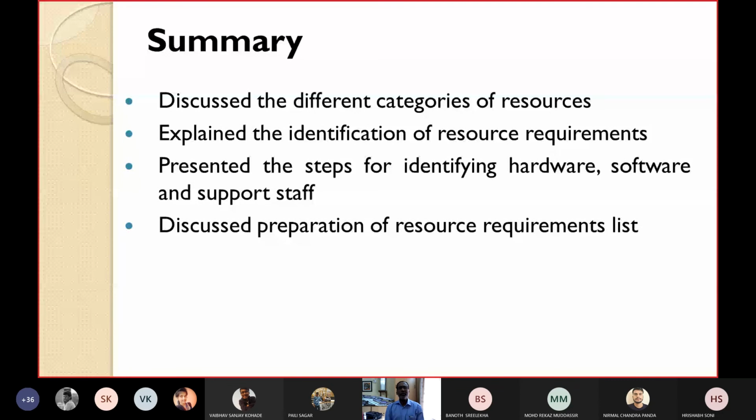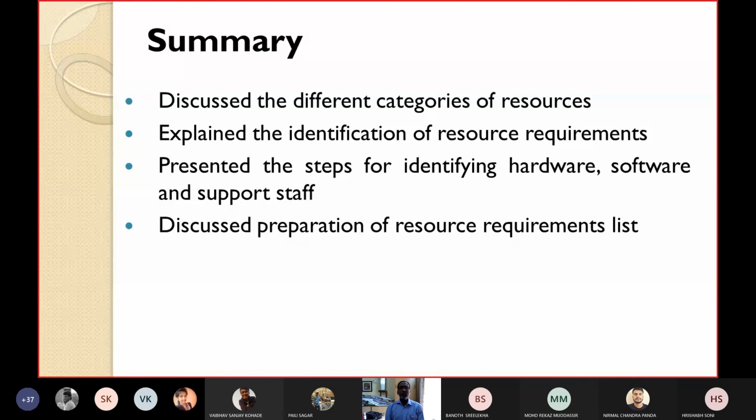We have also explained the identification of resource requirements, how you can identify them. They can be hardware, software, or support. We have presented the steps for identifying the hardware, software, and support staff required for the project.